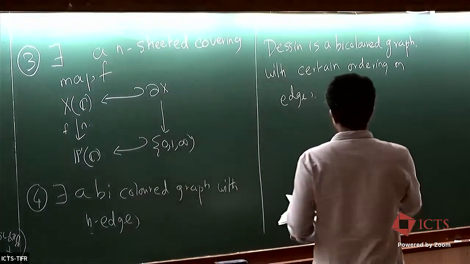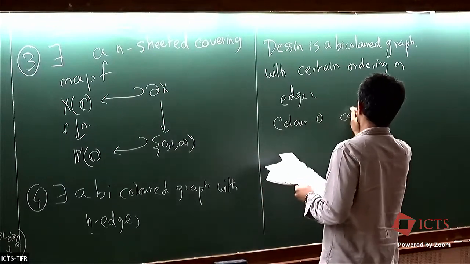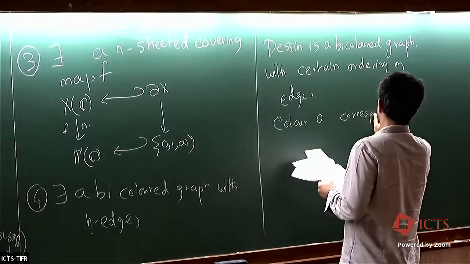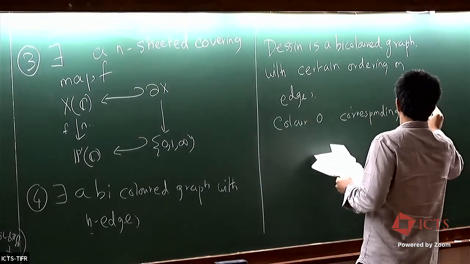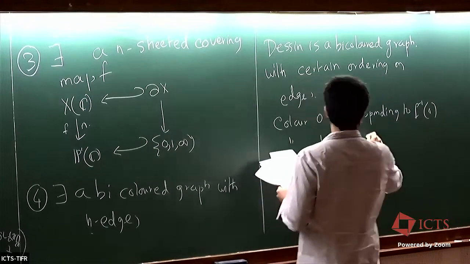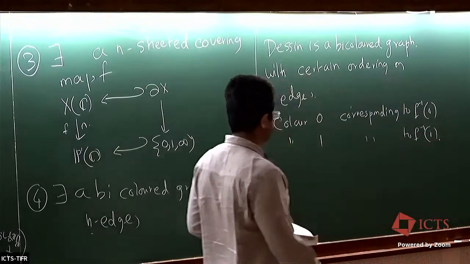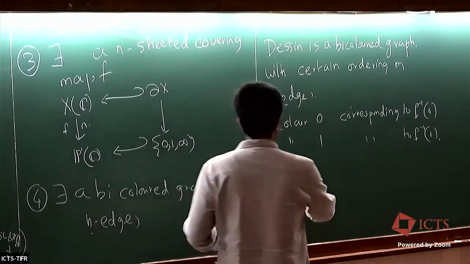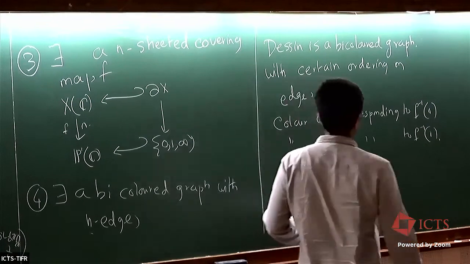Okay, so this color 0 corresponds to F inverse of 0, and color 1, F inverse of 1. And this F inverse of 0, 1 are the edges.